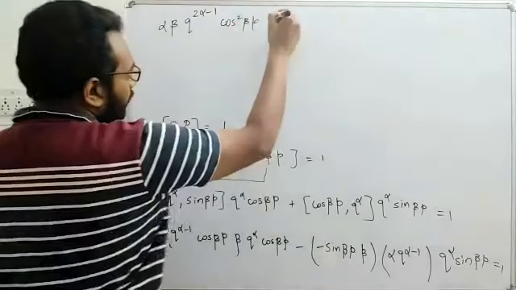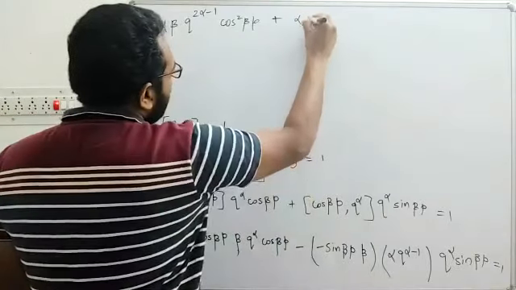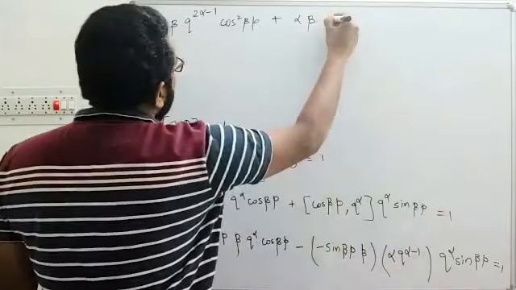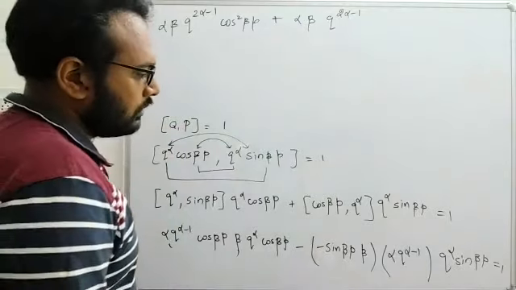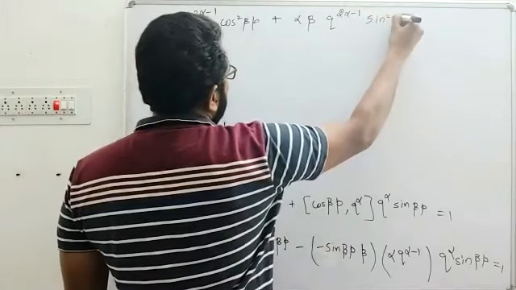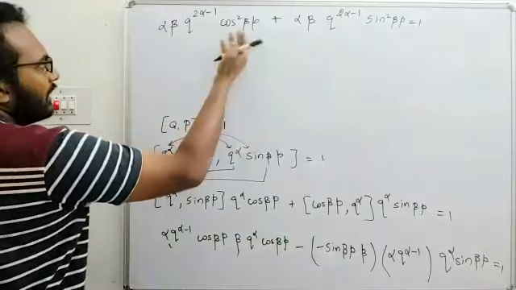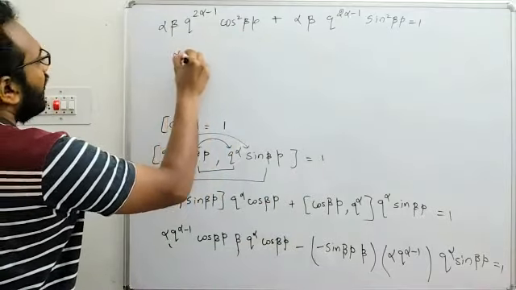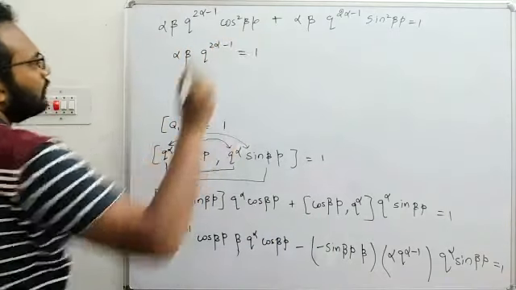And here you have plus, since minus and minus gives you a plus: alpha, beta, again q^(2 alpha minus 1), sine squared(beta p). This is equal to 1. These terms are the same, and cos squared(beta p) plus sine squared(beta p) is 1. So this becomes alpha beta q^(2 alpha minus 1) equal to 1.